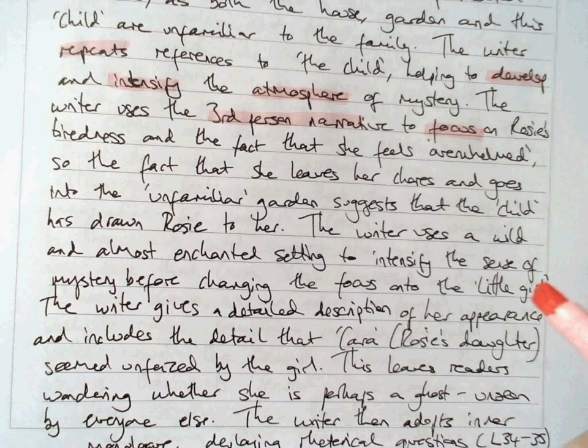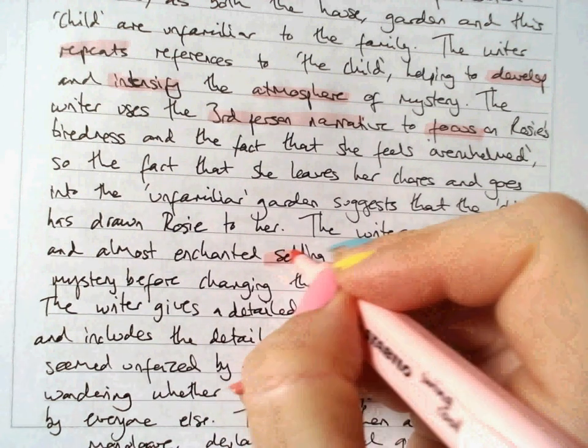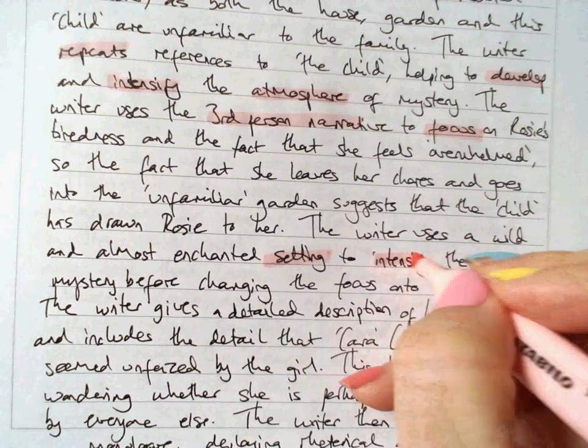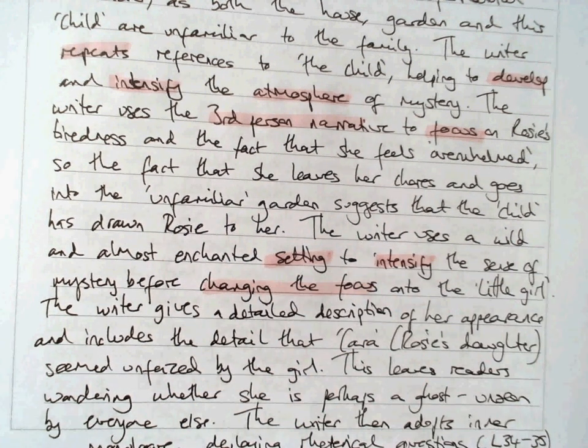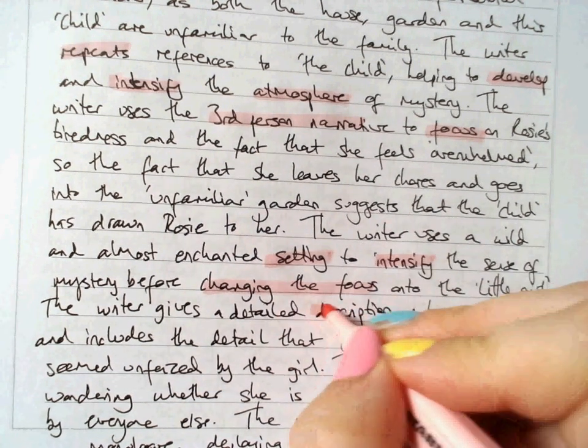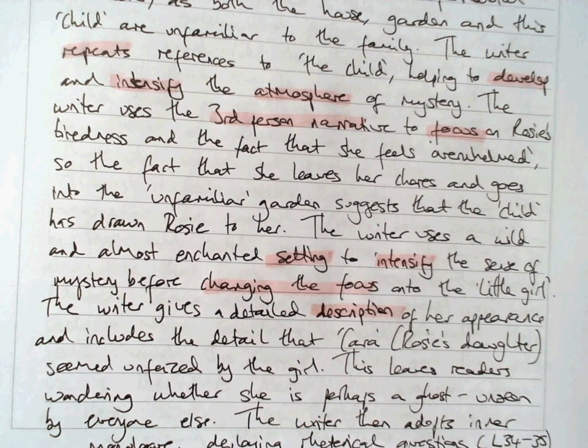The writer uses a wild and almost enchanted setting to intensify the sense of mystery before changing the focus onto the little girl. The writer gives a detailed description of her appearance and includes the detail that Cara, Rosie's daughter, seemed unfazed by the girl. This leaves readers wondering whether she is perhaps a ghost unseen by everyone else.